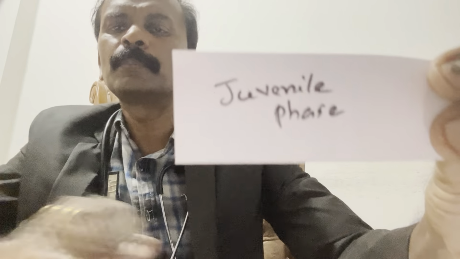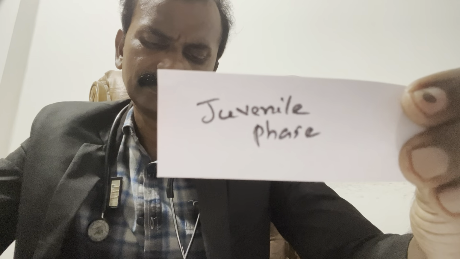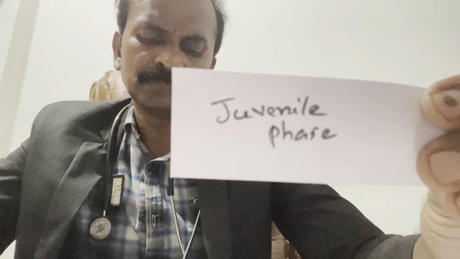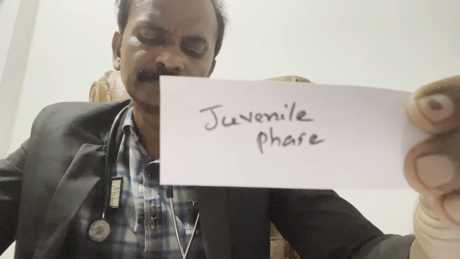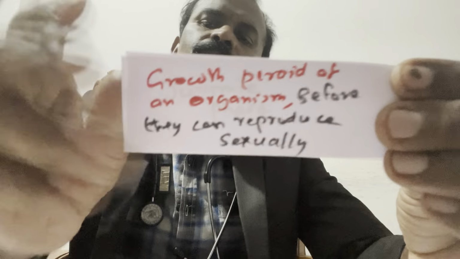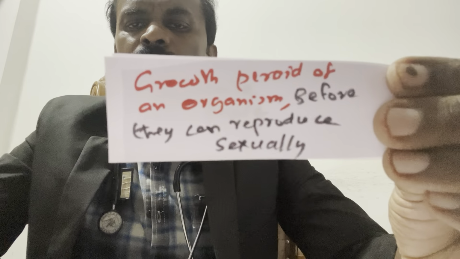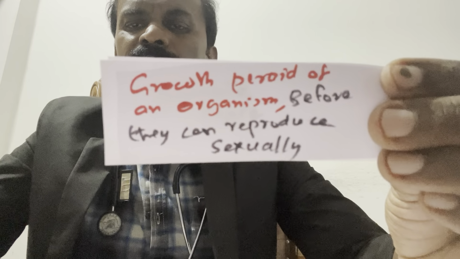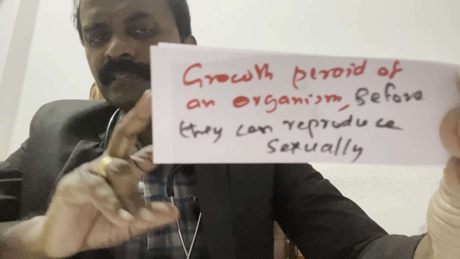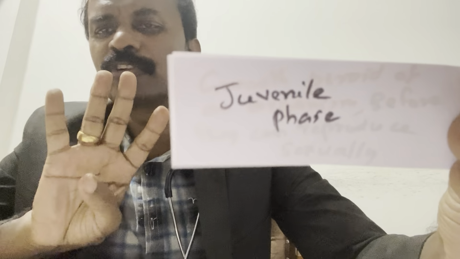So what is the point about juvenile phase? Any idea? Growth period of an organism before they can reproduce sexually. They'll keep this definition and ask, what is the answer? They'll keep 4 phases.